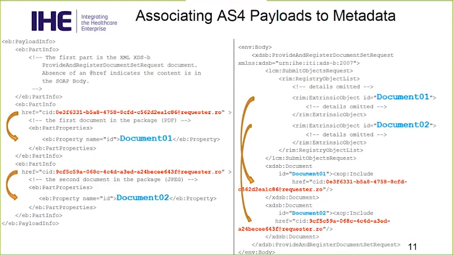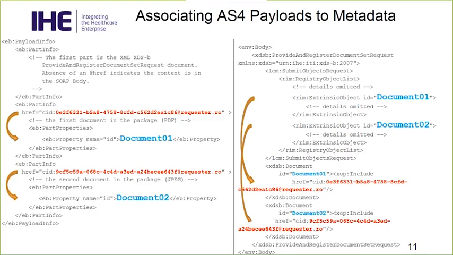This is a little bit of a simplified header, but you see on the left side a mechanism that uses the ebMS part info, and that basically says, hey, this is document 1, and you have the CID of the document in the attachment, and you have another CID for document number 2.